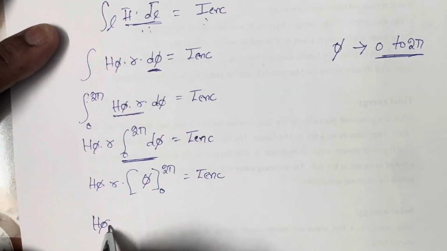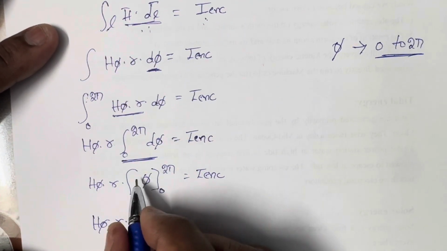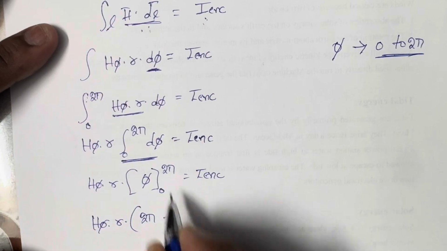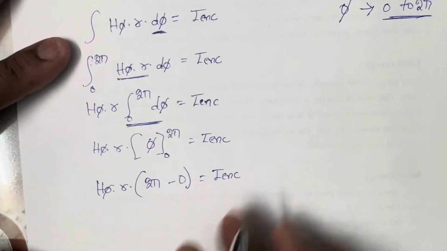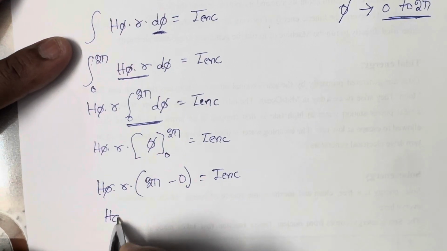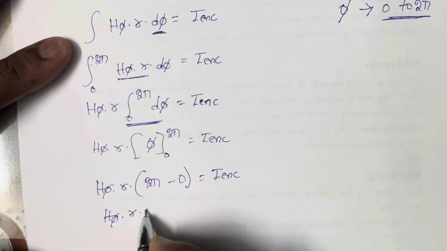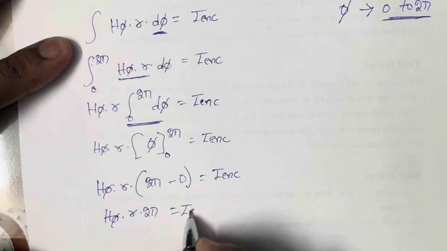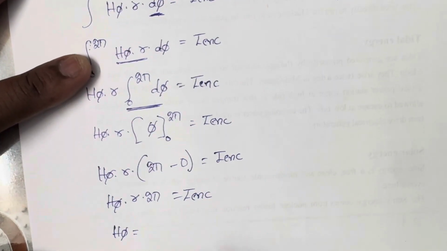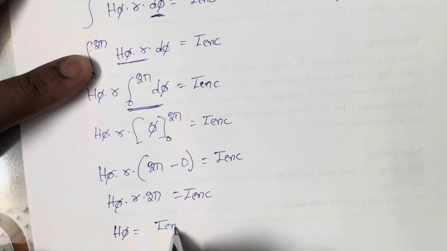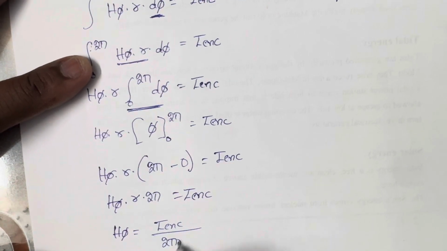Then H phi into r, by substituting the upper limit 2 pi minus lower limit 0, that is H phi into r into 2 pi equals I enclosed. Then H phi equals I enclosed by 2 pi r.